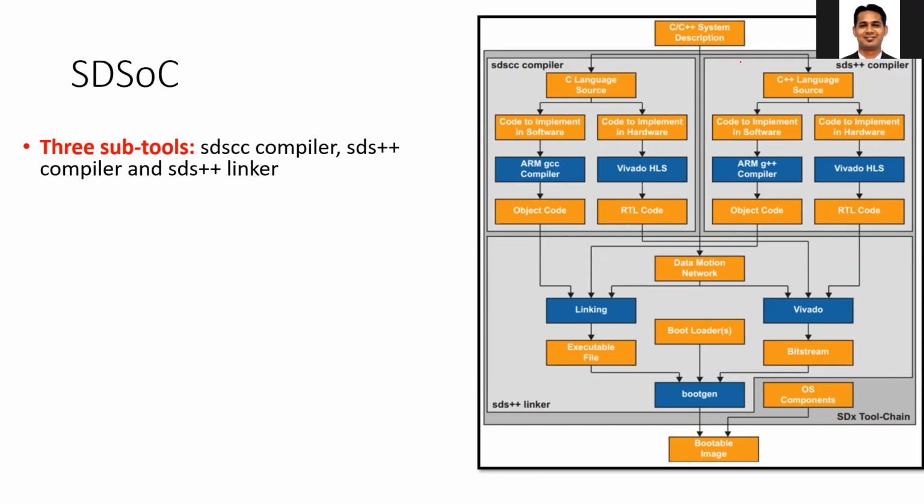So in the SDSoC flow, you have three subtools. One is the SDSCC compiler, the SDS++ compiler, and then there is a linker, the SDS++ linker.